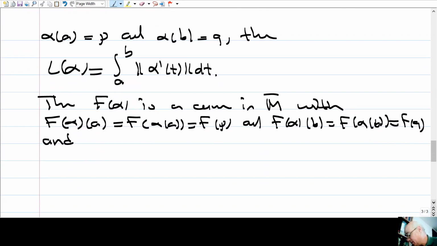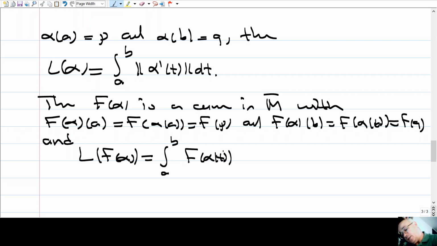Let's see, the length of f alpha is just the integral from A to B of the derivative of f alpha in t, and then you take the norm.